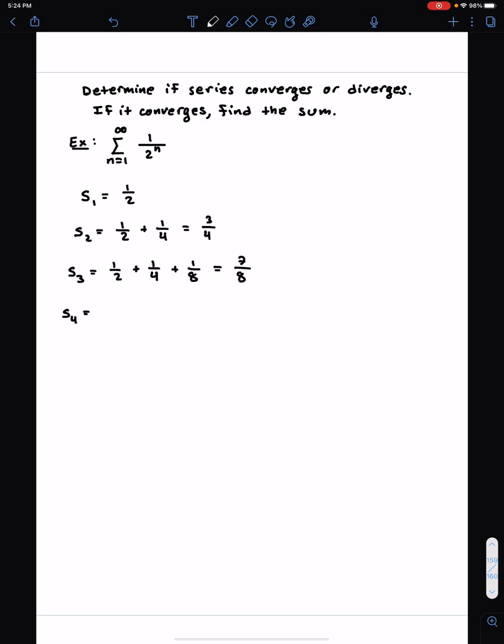The fourth partial sum is a1 plus a2 plus a3 plus a4, which is equal to 15/16.